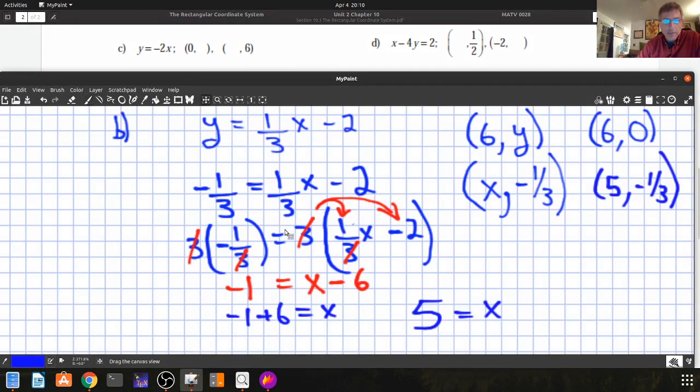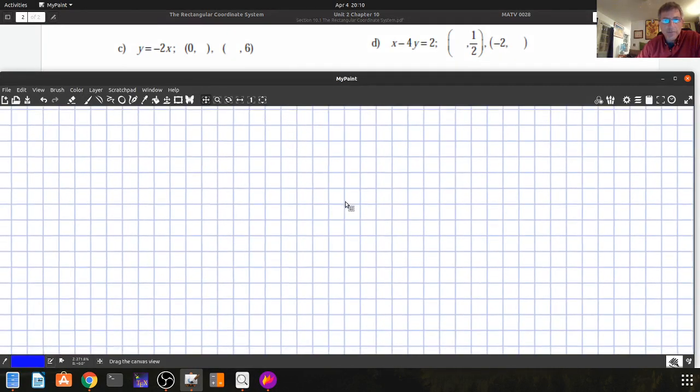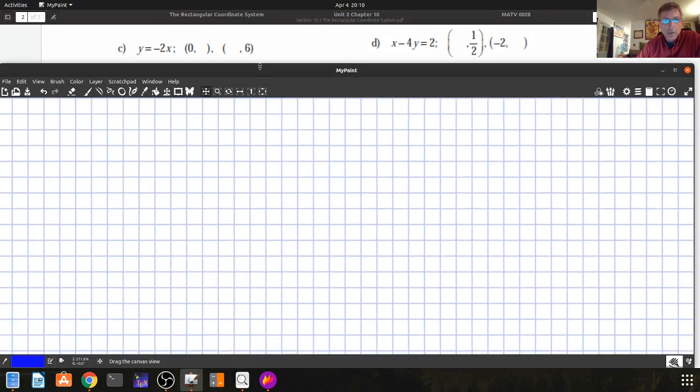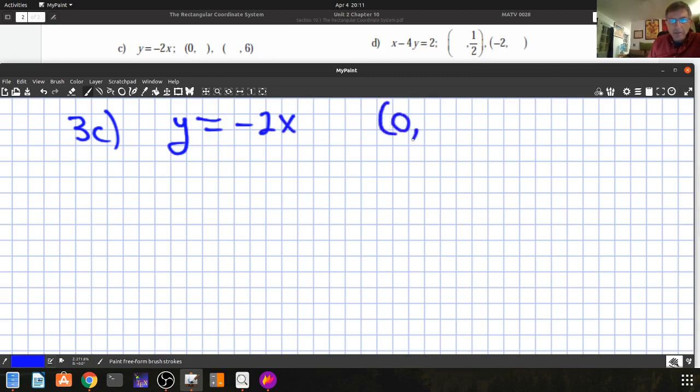So I'm going to give myself some more room. At this point, you should be trying to do one of these on your own. So this is 3c. And we have y is equal to minus 2x. Here they've given us the value of x is equal to 0.